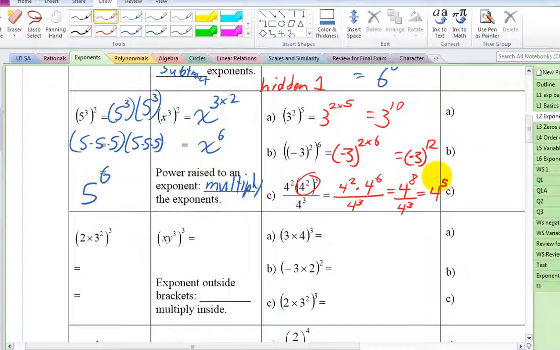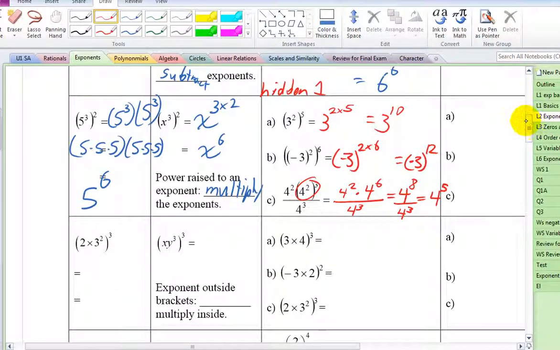Pretty cool stuff, right? Following the same rules, applying them different ways. Okay. Now we're going to use that same rule down below here, but it gets a little bit different. It's the exact same rule. What's the exponent on the 2? We never write it, but it's always there. 1, and that's the key. So on the 2, it's going to be 1 times 3. And what's the exponent on the 3?